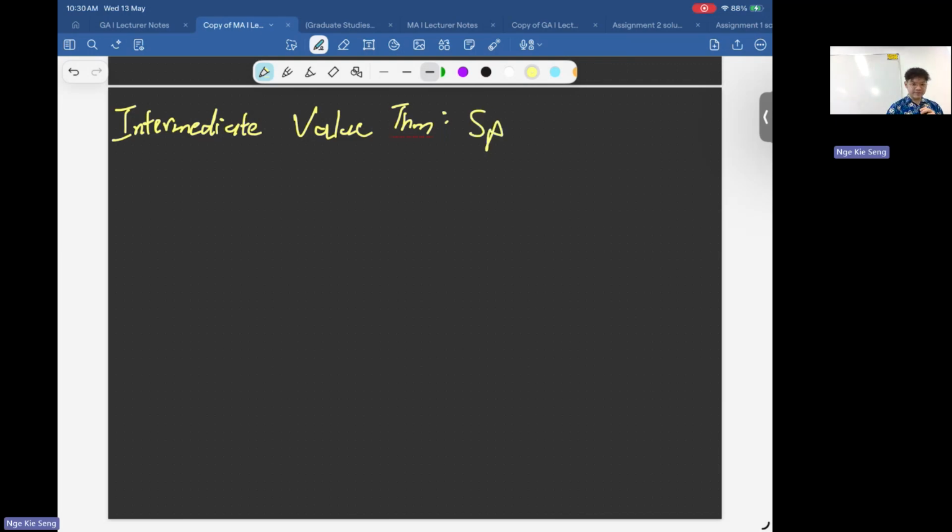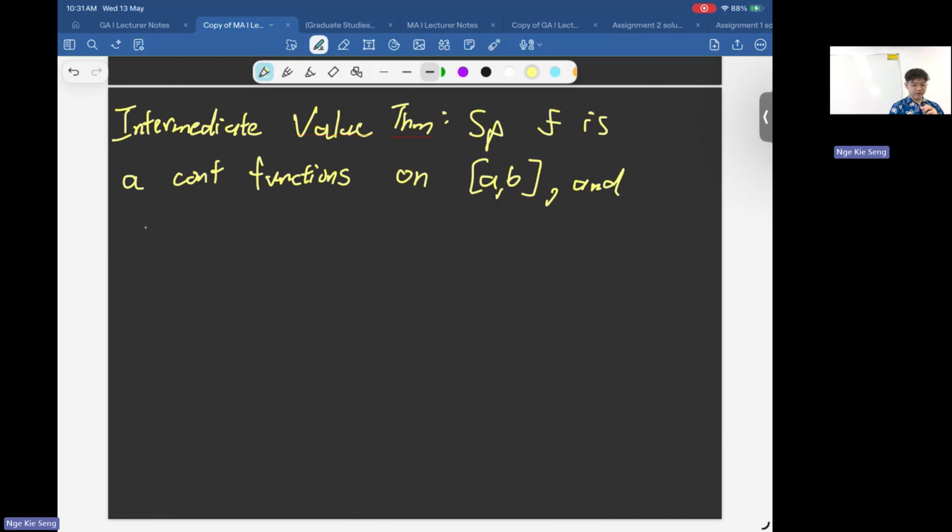Okay. So suppose that f is a continuous function, must be continuous, on the closed and bounded interval. This is very important. Closed and bounded. Later on, you'll see this as a compactness property, but not in this course. Let's say you have some value in between f(a) and f(b).